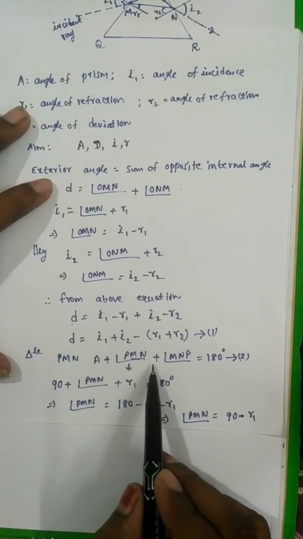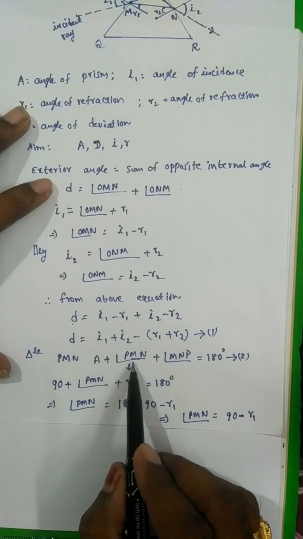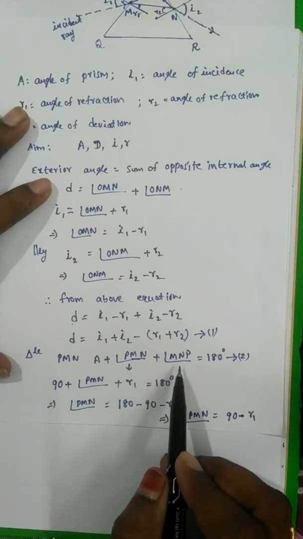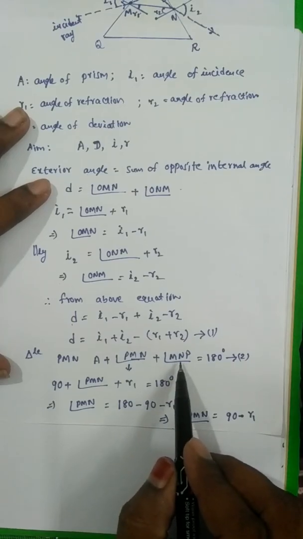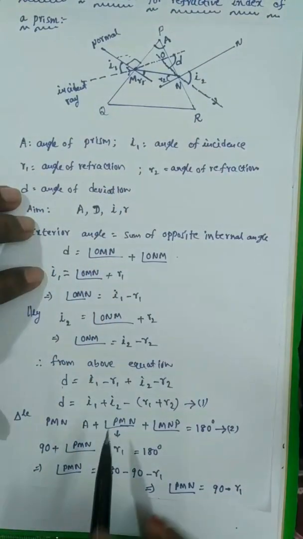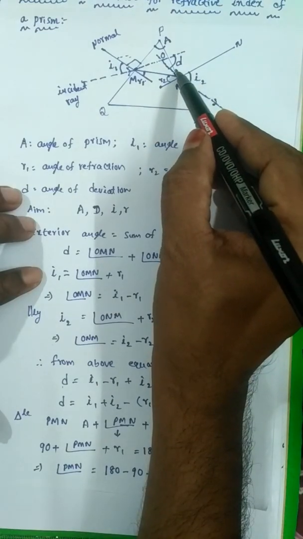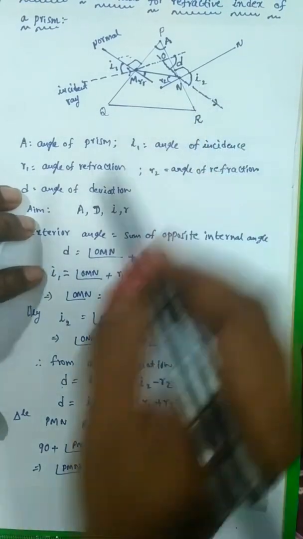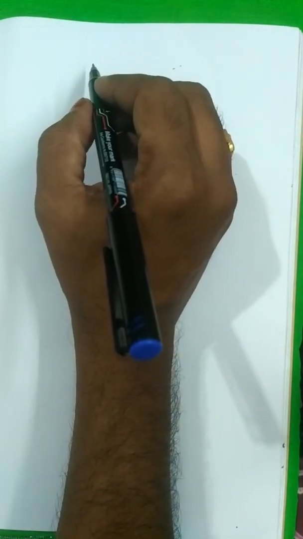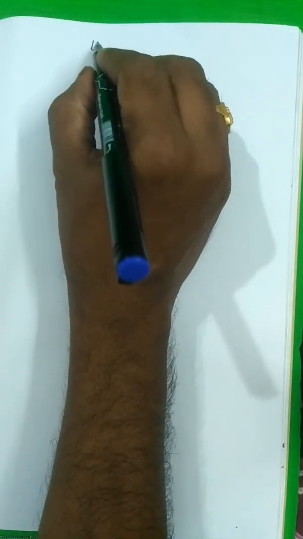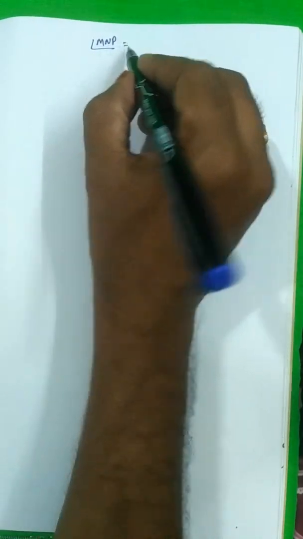In this equation we got the value of PMN, and we know A, and we have to calculate MNP. The same thing we apply here with the 90 degrees, and we get angle MNP equals 90 minus r2.